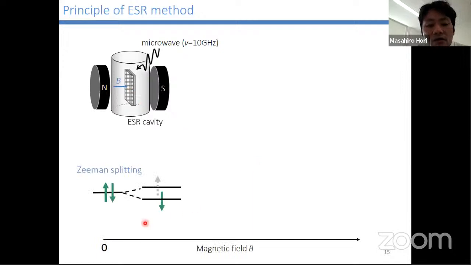By applying the magnetic field, the defective state is split into two states. This is called Zeeman splitting. At a lower magnetic field, the microwave energy is smaller than the split energy, so there is no electron spin resonance.